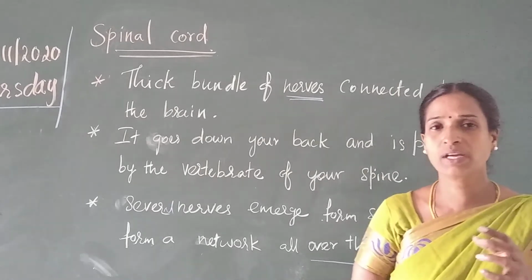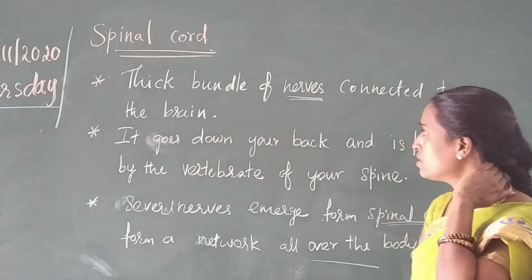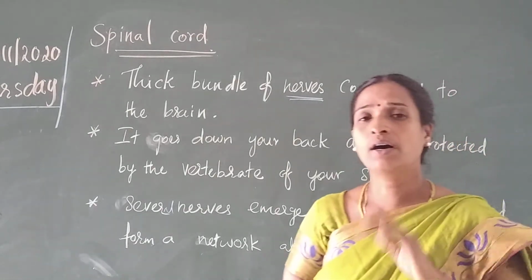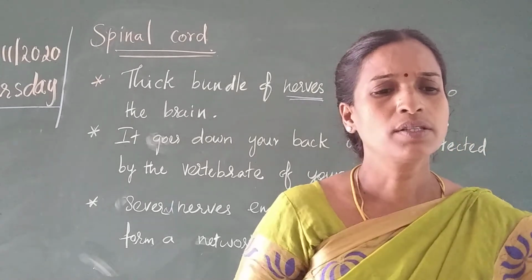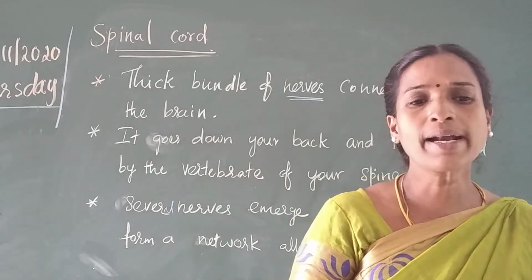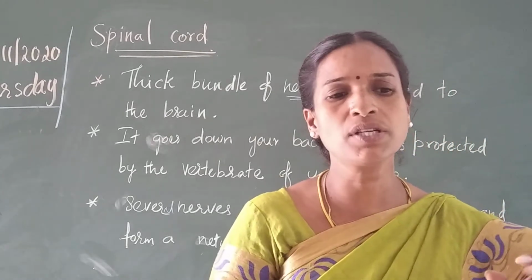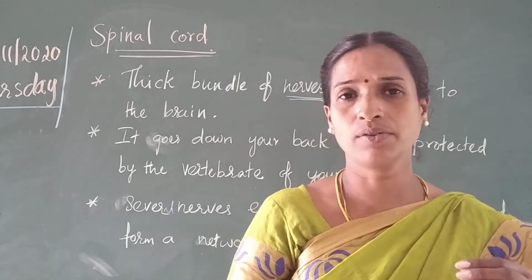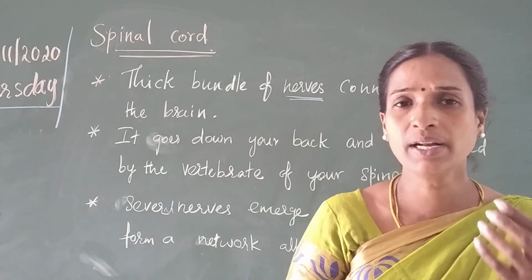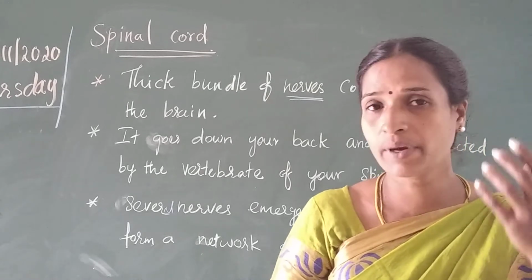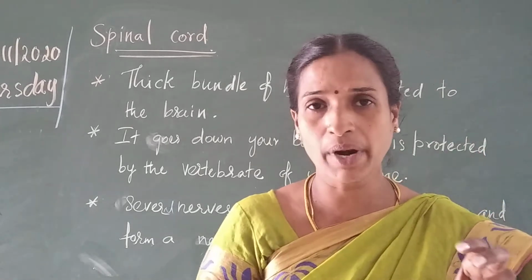Where does it begin? It is a long cord-like structure, the continuation of the medulla. The medulla is found in our brain; it is one of the parts of the brain.